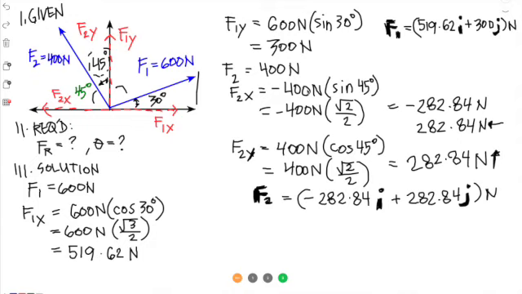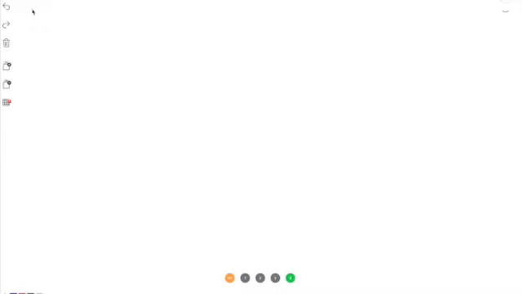So the things left to do is to find the resultant, and we will be doing that by scalar algebra. So for the resultant force, the resultant vector, let us write the x components.